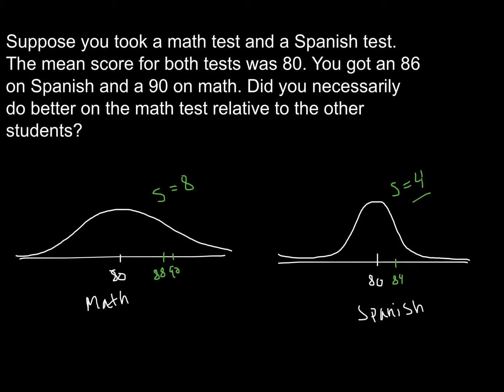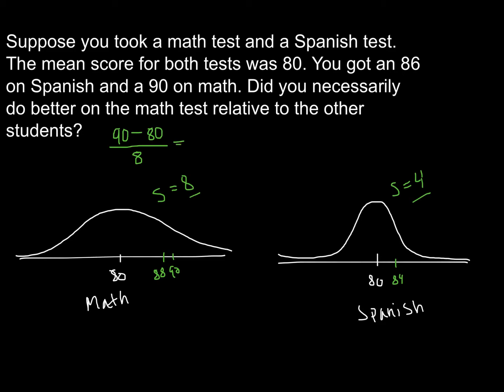How much more? Well, here's how we're going to compute it. If you got a 90, how far away was that from the mean? Well, 90 minus the mean, or 80, will tell you the distance away from the mean. And then to find out how many standard deviations that was, you just want to divide by the standard deviation.